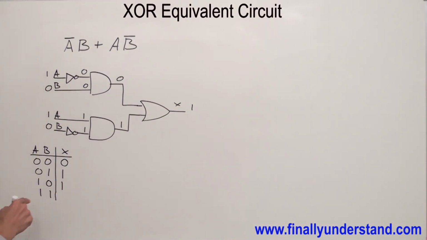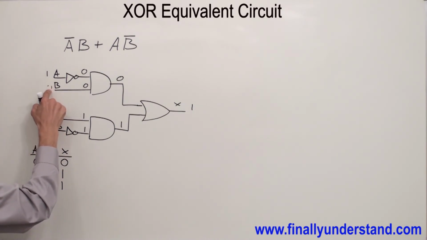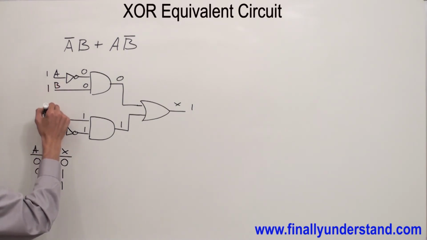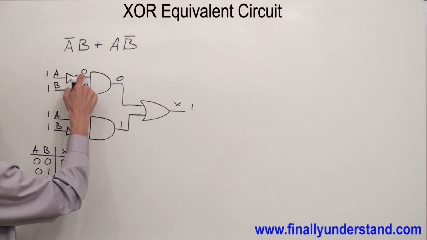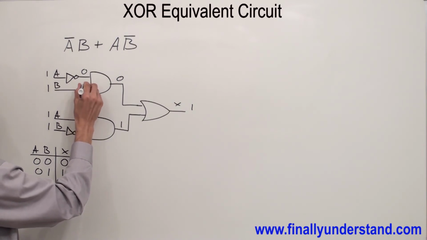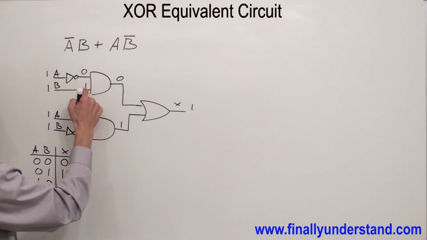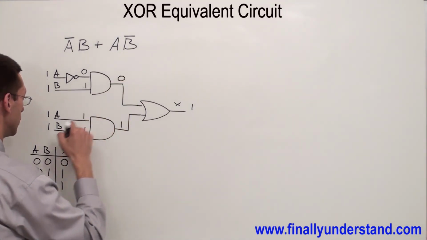Now we have to apply 1 to A and 1 to B. So I'm going to apply 1 and 1 over here. 1 is going to be inverted and I'm going to get 0. This 1 will go to the gate. 0 and 1 will give me 0.